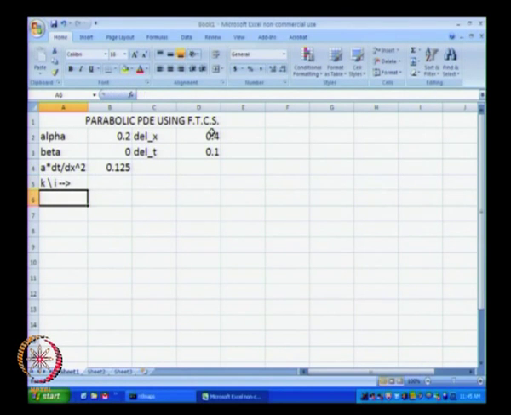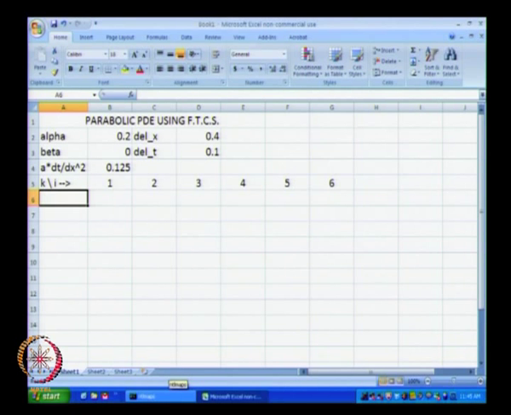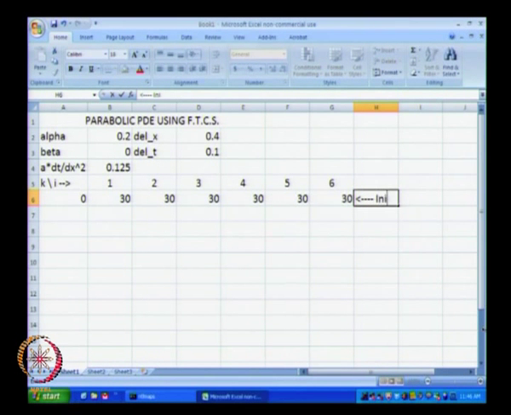So, i is 1, 2, 3, 4, 5 and 6, that is going to be our i's. I will just make that centered, and initially at time t equal to 0, all the temperatures are at 30 degrees. So, I will write all of them as 30. Okay. So, these are our initial conditions.